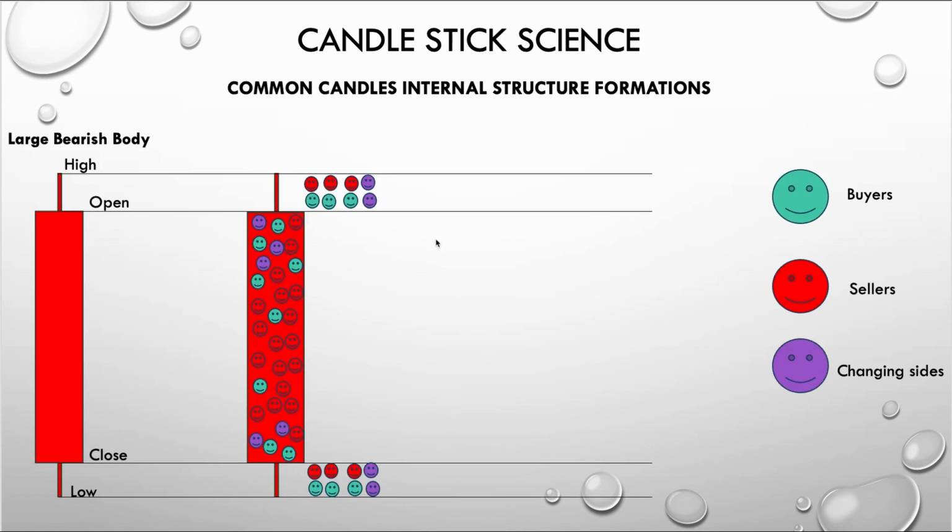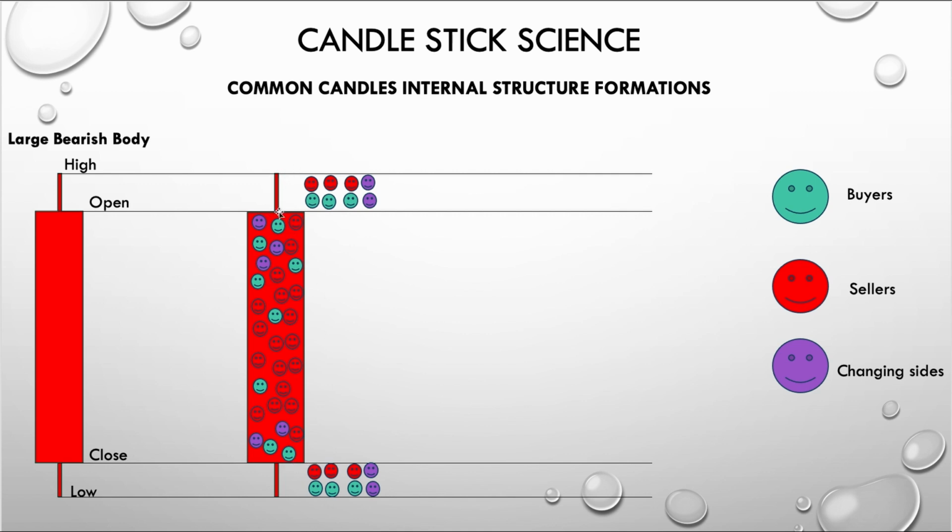So this is the internal representation of that bearish candle. Inside of it, you have the same structure as a bullish candle, but reversed. You see that you have very many red faces as compared to the green ones and the purple ones. It means that most of the volume inside of this candle is being created by the sellers. Therefore, the market will go and close at the bottom, creating a bearish candle.